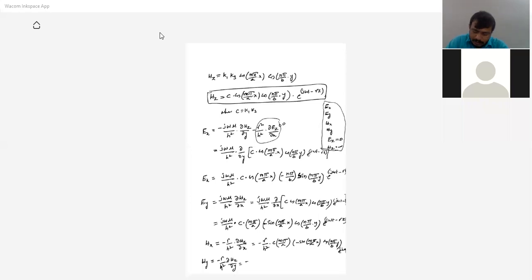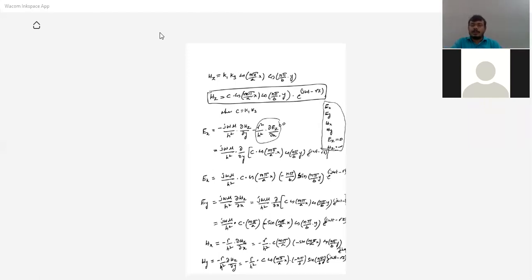You can write minus gamma by h square, dou Hz by dou y, already you can write here, c into cos m pi by a into x, minus n pi by b into sine n pi by b into y, e power j omega t minus gamma z.